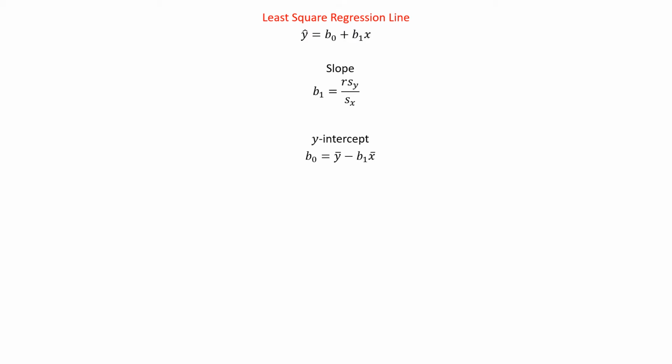So notice this looks kind of like the equation of a line. What this means is that the least square regression line will always go through x bar comma y bar. Always, that will be a point on the line. But that's how we can find the y-intercept.